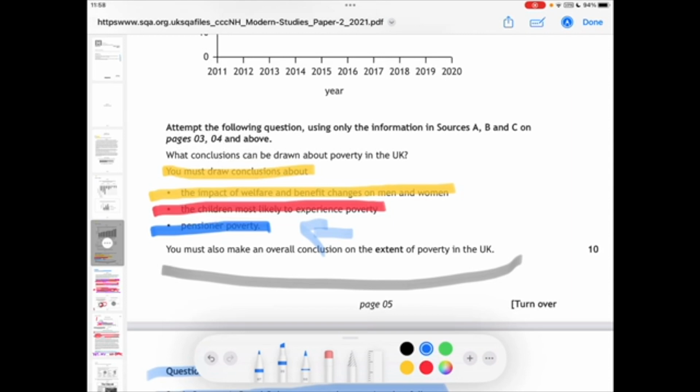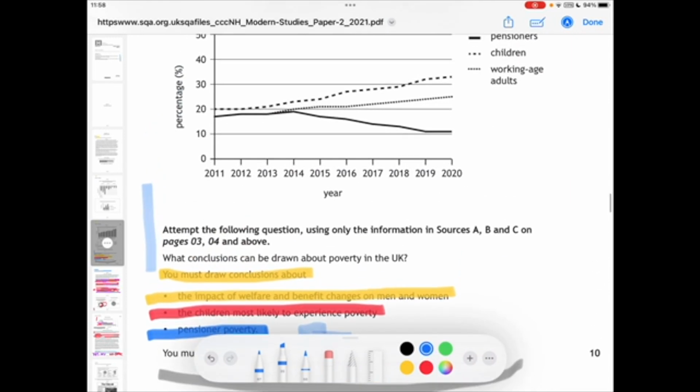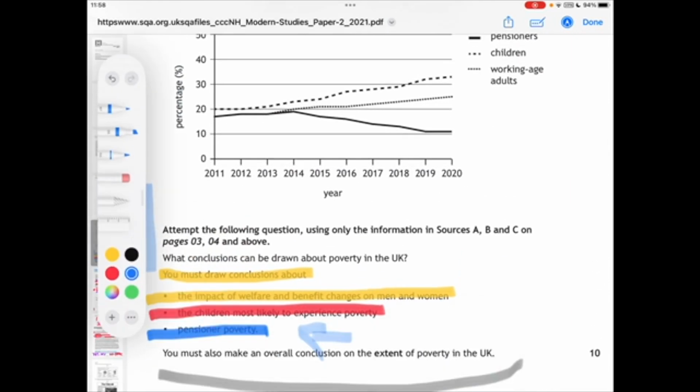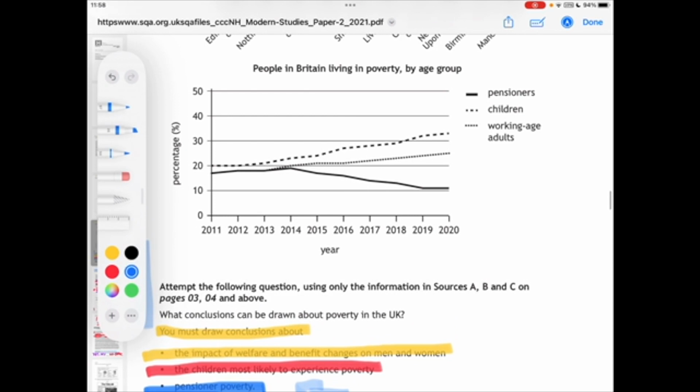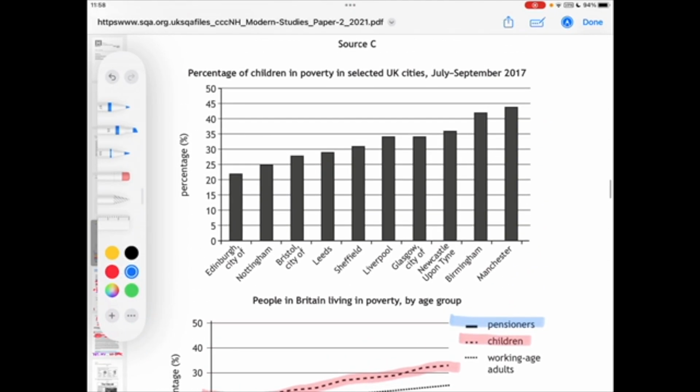So for pensioner poverty, if I go up here to my sources, I can see this black line here. I'm just going to highlight that blue because I know that relates to pensioner poverty. Whereas I'm going to highlight this one here red because that relates to children. And that means I know which stat from this source matches up with which bullet point.